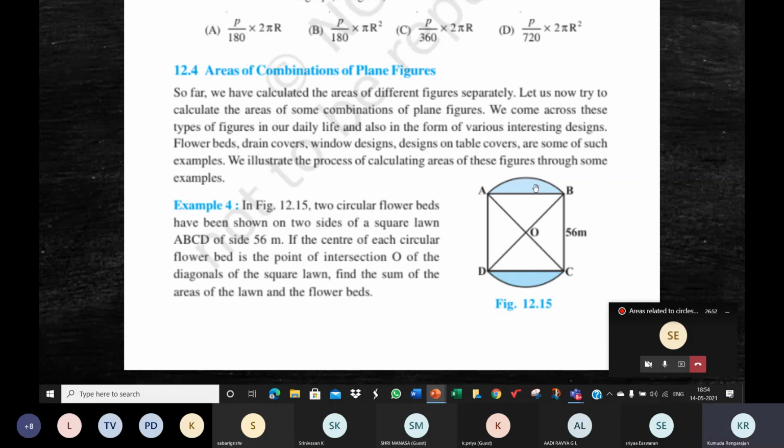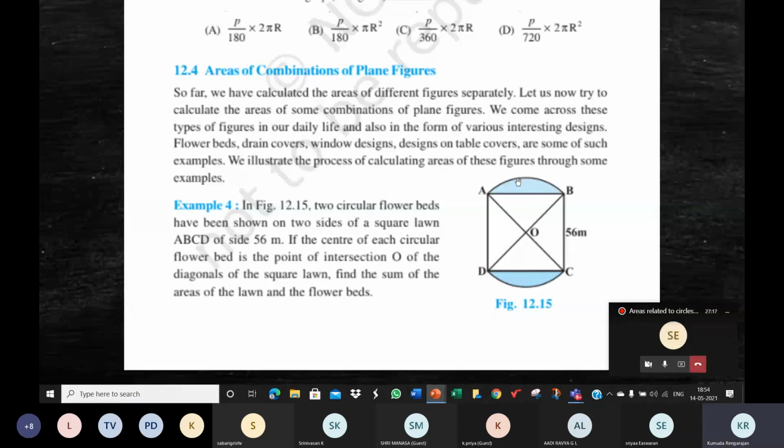So the circular flower beds are these portions, these which look blue, the shaded region. Two circular. Circular means of a circle, a part of a circle. Like when we say integral means of integers, when we say integral values, meaning of integers.